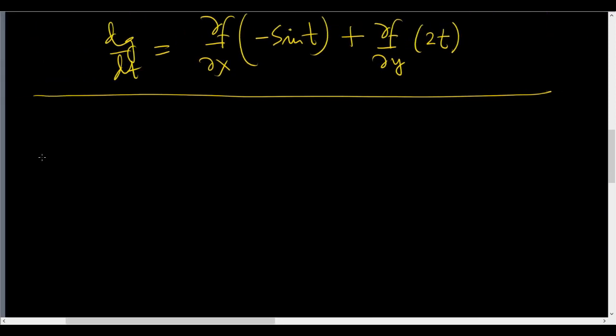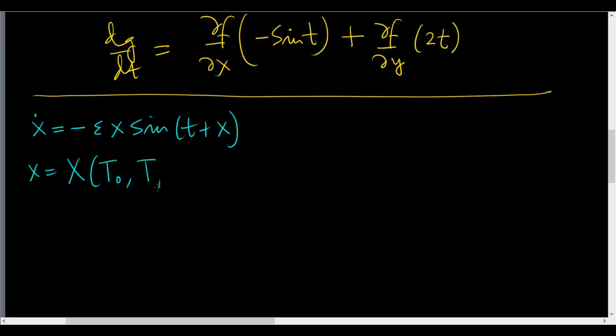Here we are. So we have x dot is equal to minus epsilon x sine of (t plus x). We write x is equal to capital X of t0, t1 and so on. I don't need to do more because I'm doing first order only.